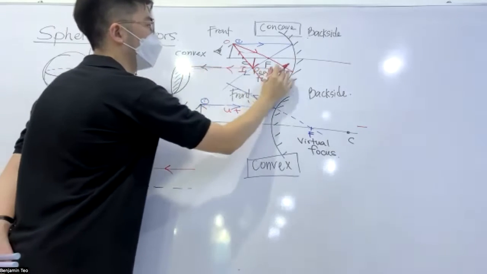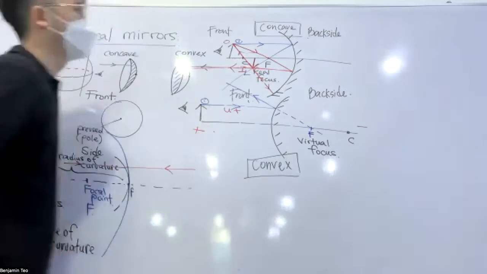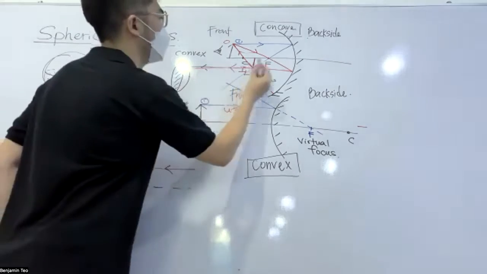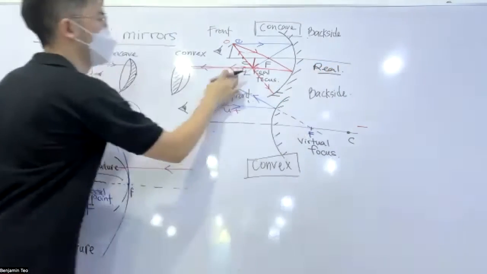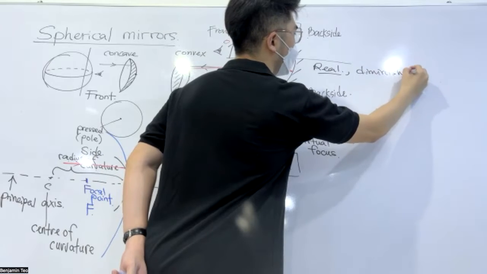Okay, the image is a real image. Real image because it's on the front. Diminished. Inverted.